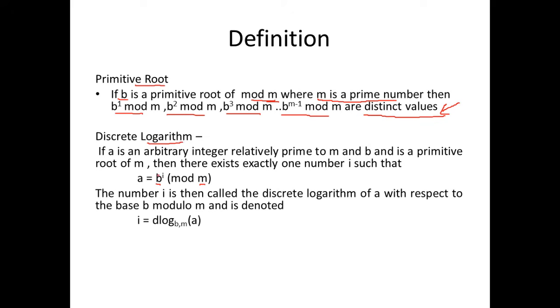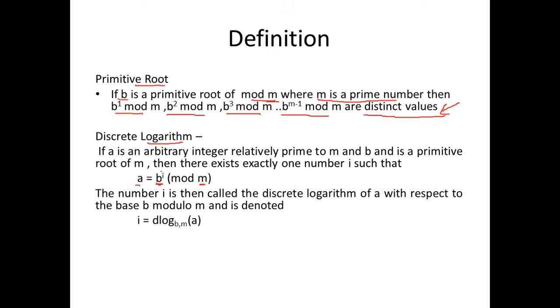So let us take a look at the definition of discrete logarithms. Let's consider a to be any arbitrary integer relatively prime to m. So a is relatively prime to m and b is a primitive root of m. So we know what is the primitive root. Then there exists exactly one number I such that a is equal to b^I mod m.